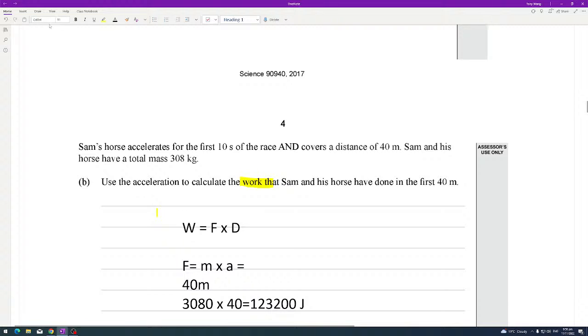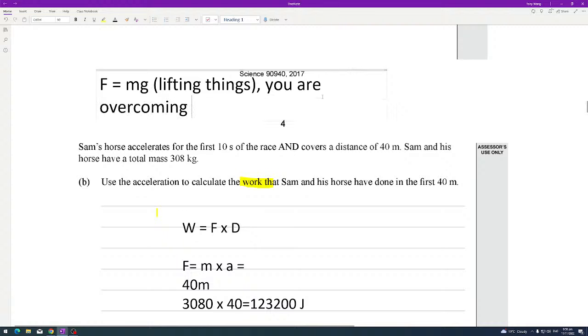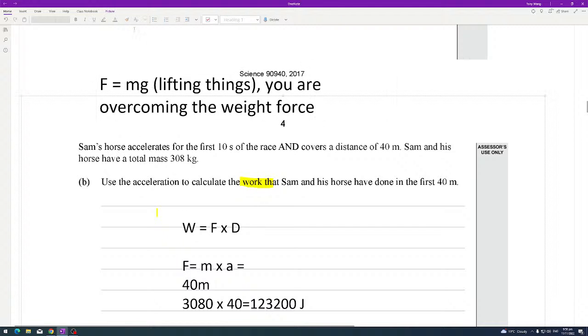When you do force equals mg, this is when you are lifting things, when you're dropping things, especially lifting things. When you're lifting things to a certain altitude, you are overcoming the weight force. But in this case, we can see the horse is running, so we use F equals ma.